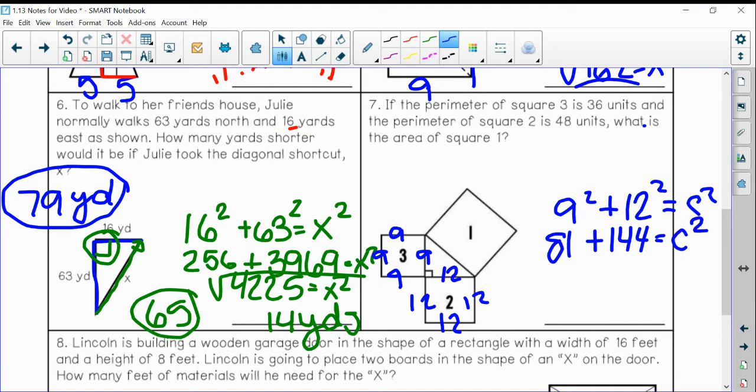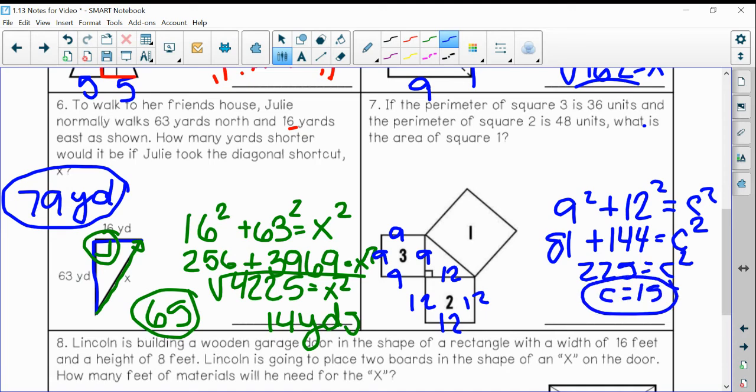Well, 81 plus 144 is going to give me 225. But I want to know what the square root of that is. The square root of 225 is 15, I believe. It's 15, so that third side is 15.